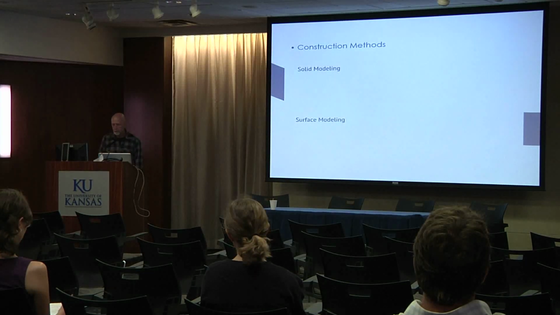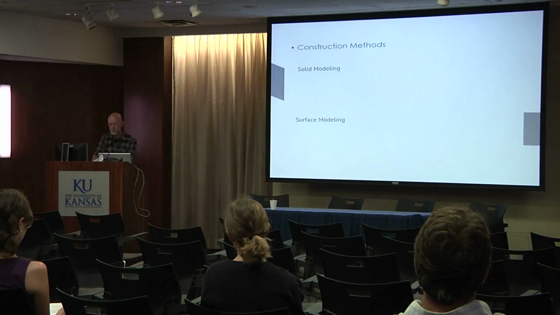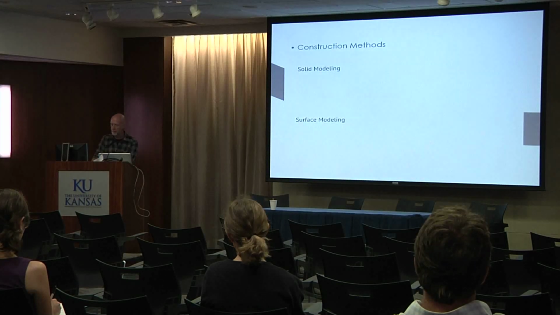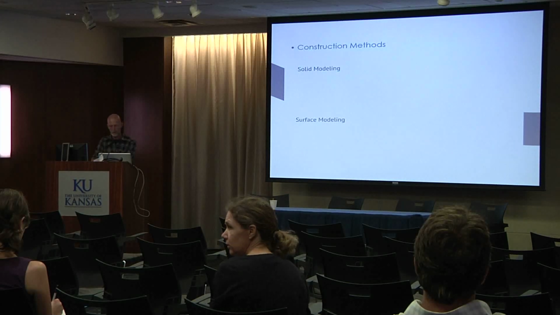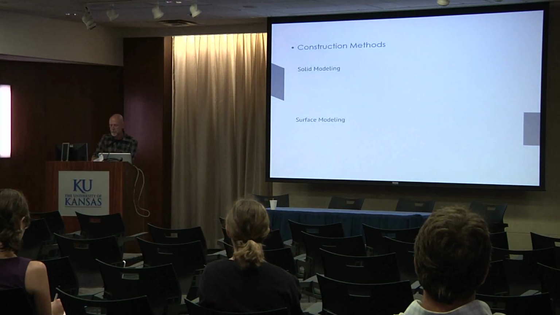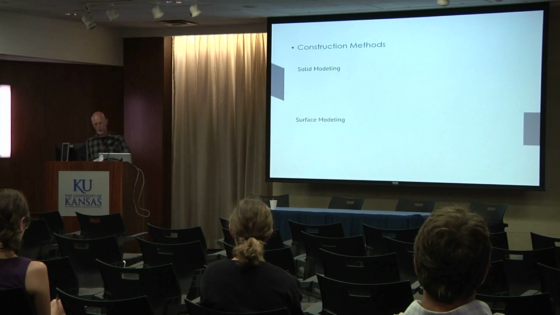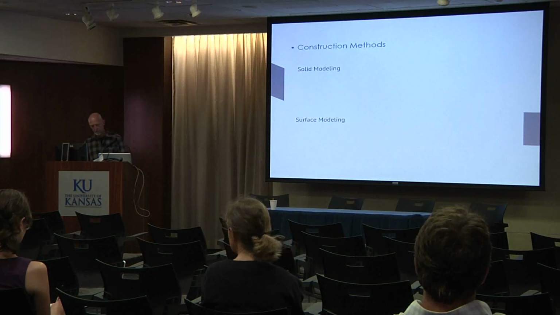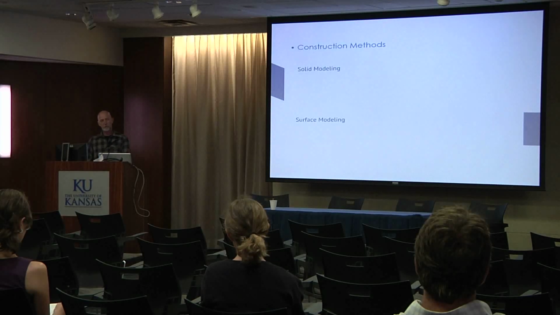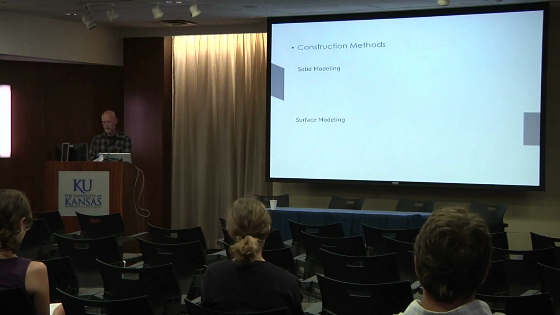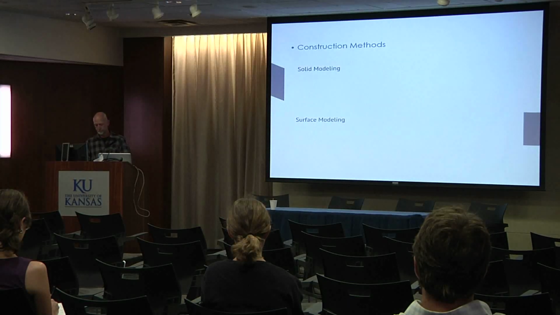As underlying structural concepts, construction methods play a central role in process. The same is true of two core approaches to CAD modelling: solid modelling and surface modelling. Each method has procedural logic and follows different workflows, which I'm just going to talk through a little bit. This is one of the reasons why users proficient in one software package have difficulty adapting to another program.